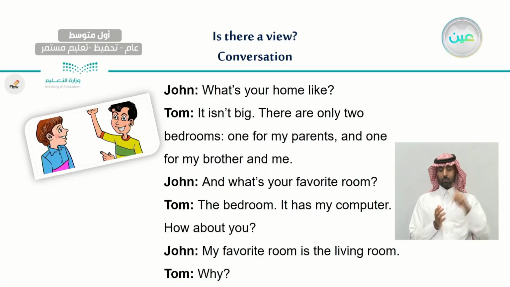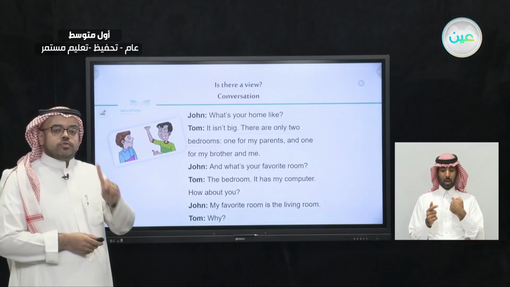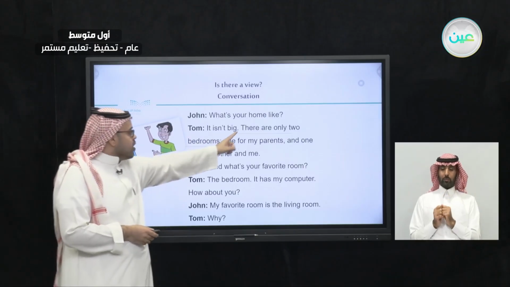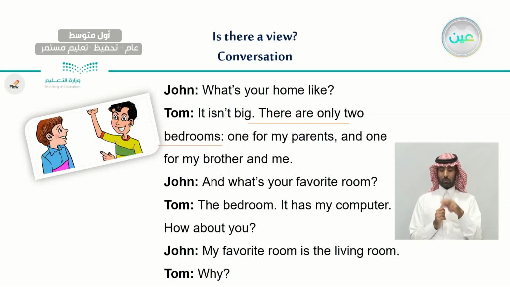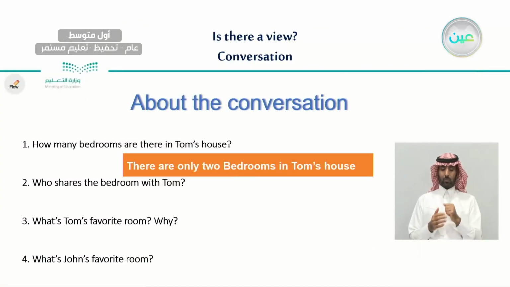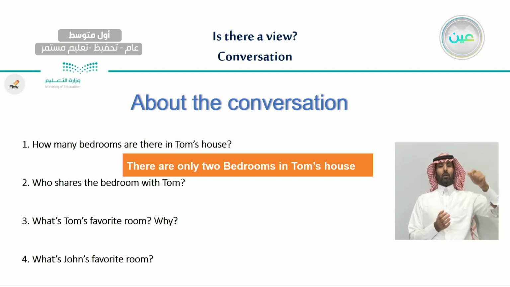Tom says, there are only 2 bedrooms in my house, one for my parents and one for my brother and me. So this is the answer to the first question: there are only 2 bedrooms in Tom's house. So we go back to the question and write down the answer as you can see here.